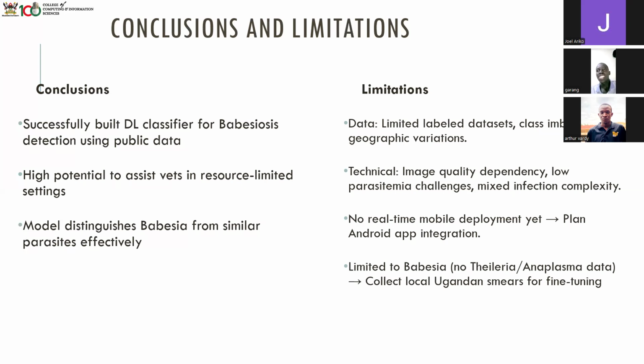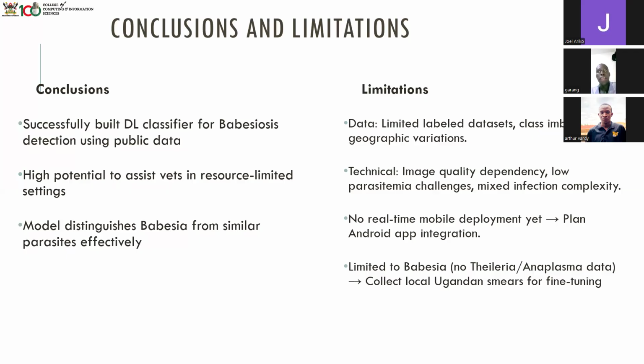Image quality was low for some, low parasitemia challenges, mixed infection complexity, no real-time mobile deployment yet. We plan to make at least an Android app. Limited Babesia data, so we want to collect Ugandan data smears for fine-tuning.